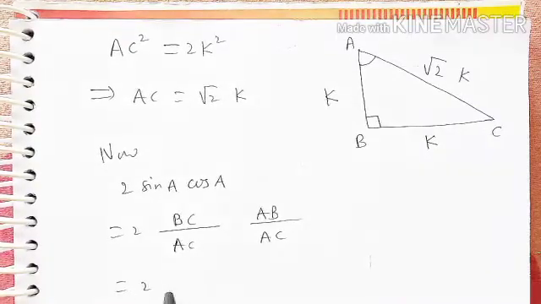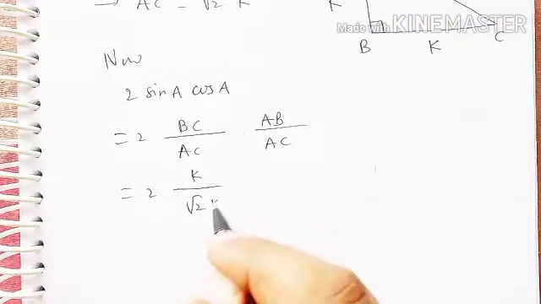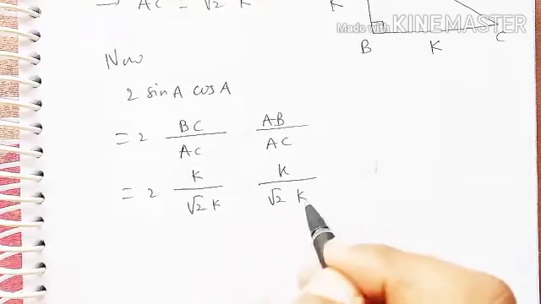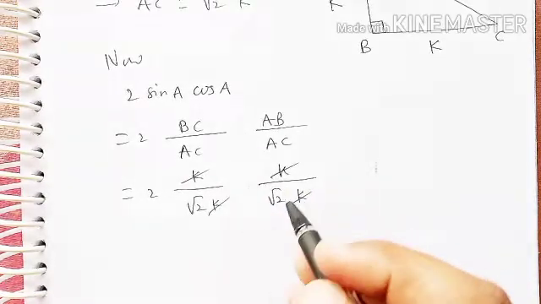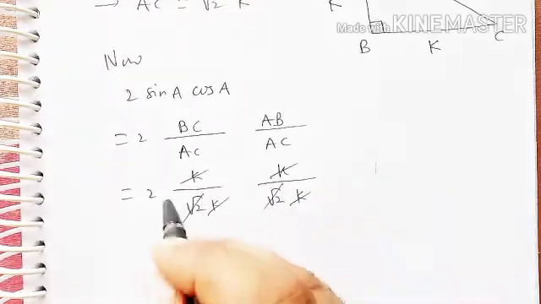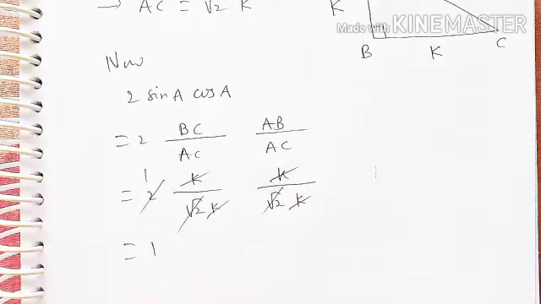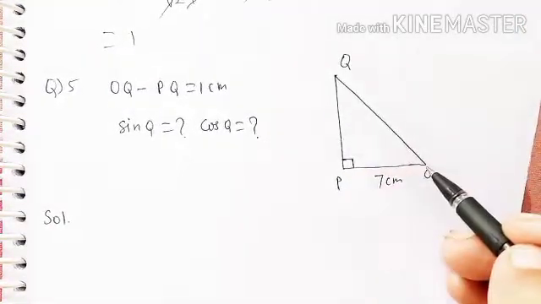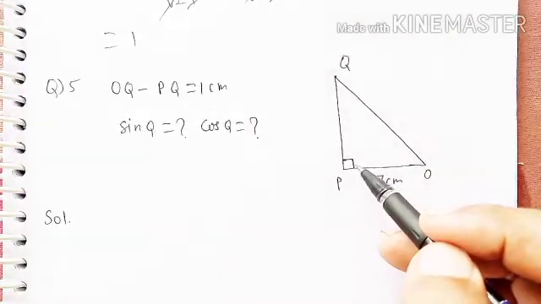So we have BC here K and AC root 2 K, AB K, root 2 K. K and K are cancelled with above K and K. Root 2 into root 2 is 2. So we have 1 here, which is to be proved.